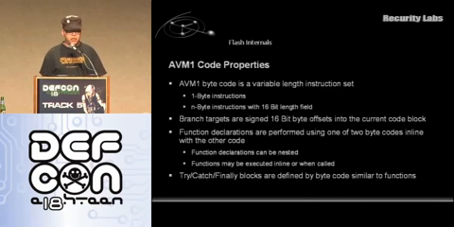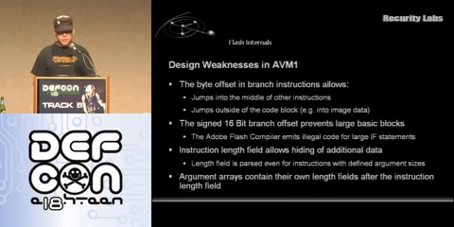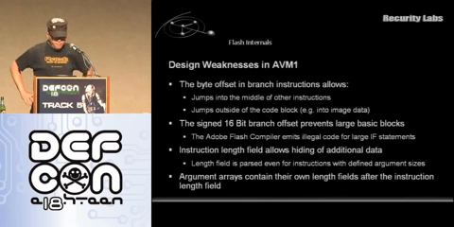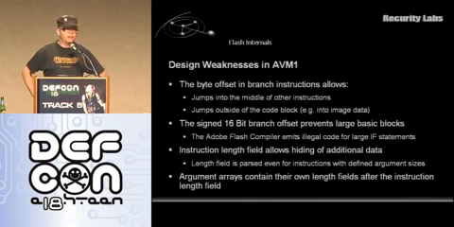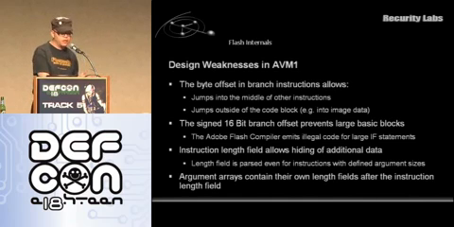Well, they liked it so much that they implement their try-catch-finally blocks the same way. So there is an instruction that defines try-catch-finally in line when executing. This obviously has a lot of design weaknesses. So to verify code, the first thing you want to verify is it doesn't jump into the middle of an instruction.